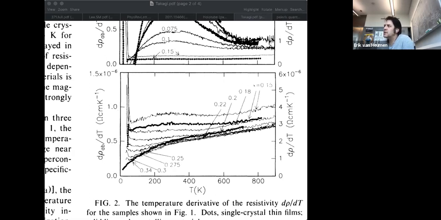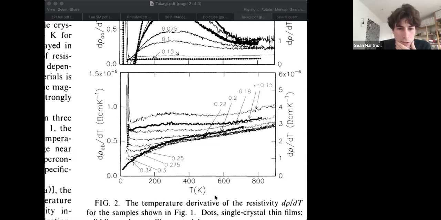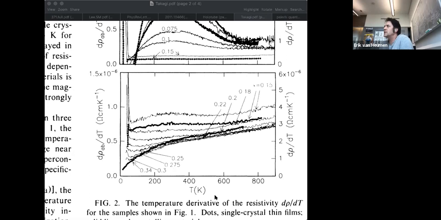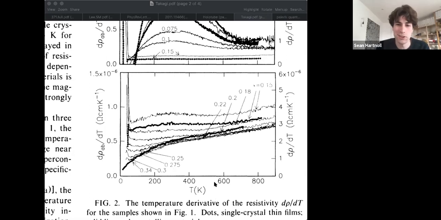But again, I think what the data in the overdoped regime shows, you would argue that there is a deviation from linear behavior of the derivative here around 300 Kelvin. Well, it's not linear anywhere, right? It's not flat anywhere. No, exactly. But then there is no signature, that's where I was going, of this phonon energy scale. Well, let's look.